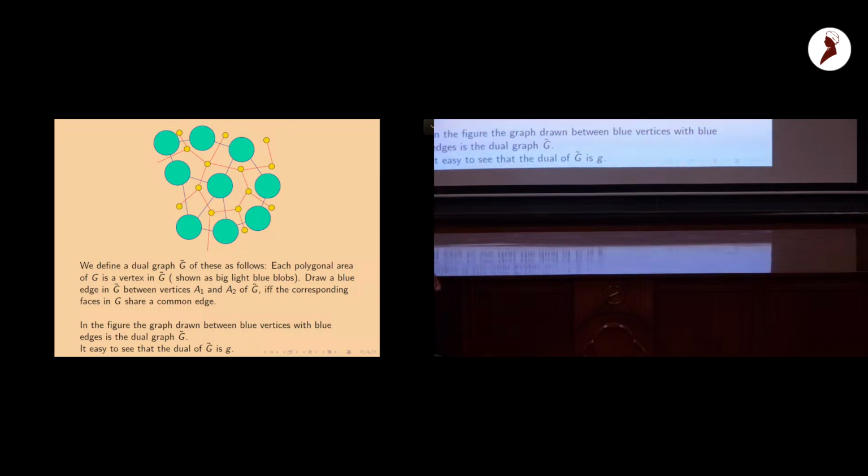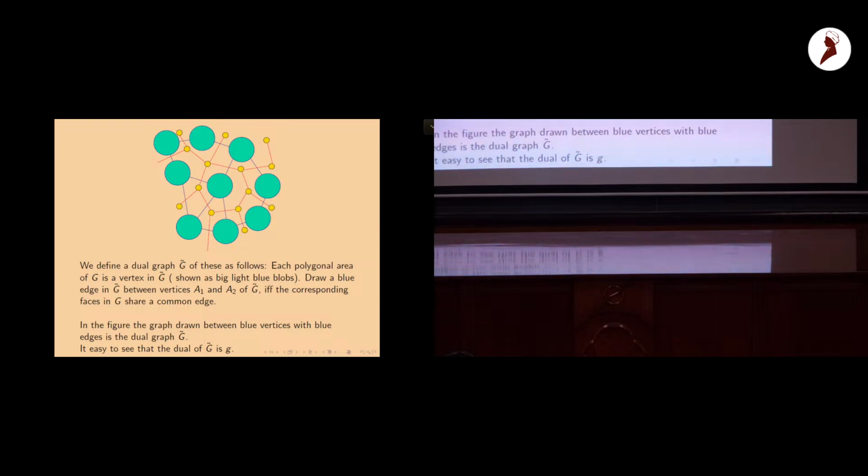That is correct. Okay, so this graph, the blue graph, is called the dual of the original graph. If the original graph is called G, the dual graph is written here as G tilde. And you can take the dual of the dual graph, because the dual graph is also planar, and you will get back the original graph.